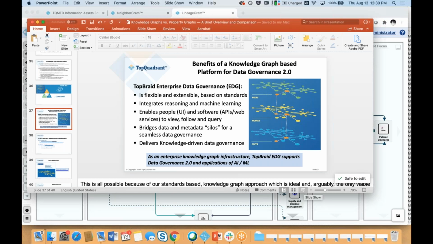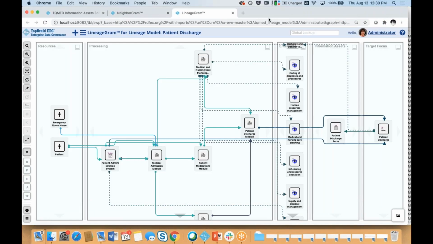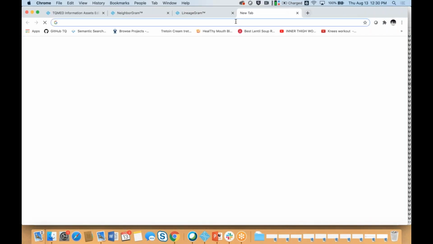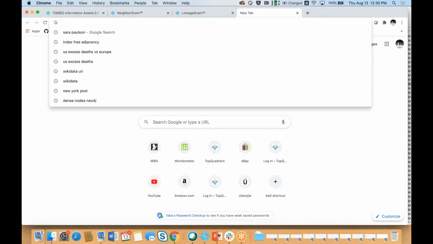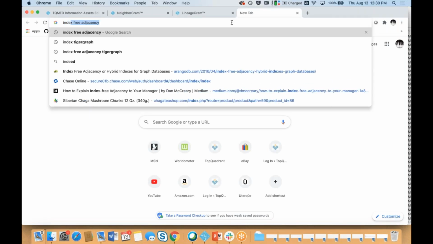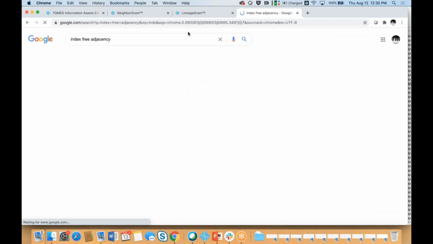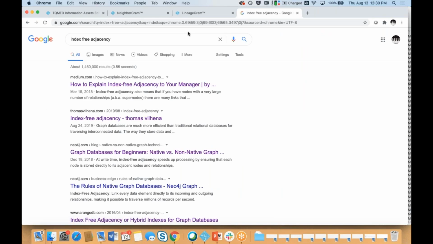I want to talk a little bit about something called index-free adjacency in relationship to this question, because again, Neo4j was the first well-known entrant in the property graph space, and they kind of championed and pioneered this concept of index-free adjacency.